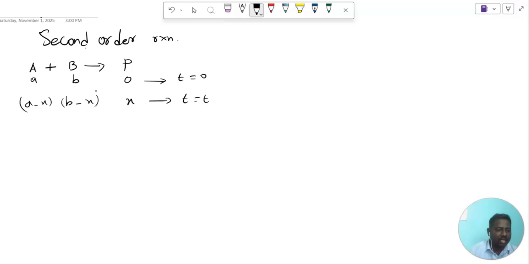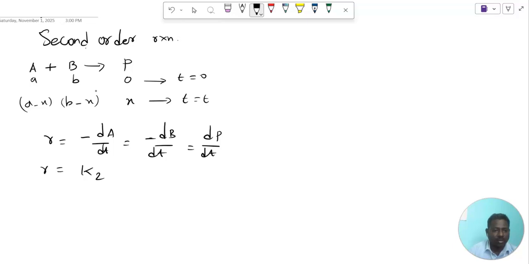Now write the rate equation as I already told you: minus dA by dt, minus dB by dt, or dP by dt. The rate of the reaction becomes k2 into concentration of A into concentration of B. Since it is a second order reaction, it depends upon the concentration of both reactants A and B. Again, A plus B gives product. We know the moles: reactant A is a minus x, B is b minus x, and the product is x. Now it is easy to write the mathematical expression.